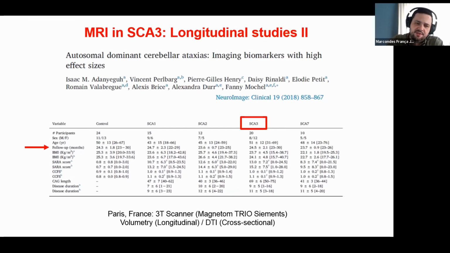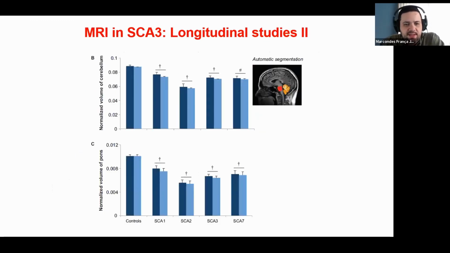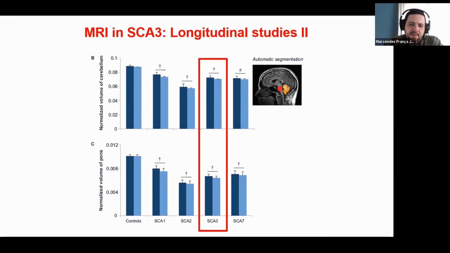So I'm going to focus on the prospective data, and I'd like to show you the findings reported in this study about the normalized volume of the cerebellum and the normalized volume of the pons in patients with SCA3. So as you can see here, authors were able to find a progressive decline of the volume of the pons and the cerebellum in these patients.